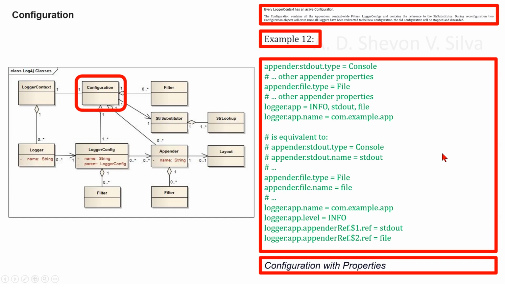Prior to version 2.6, the properties configuration requires that you list the identifiers of the appenders, filters and loggers in a comma separated list in properties with those names.